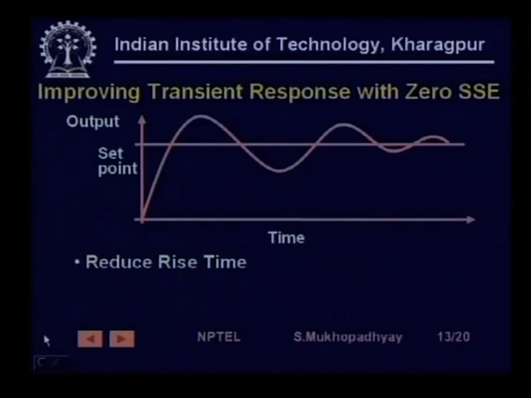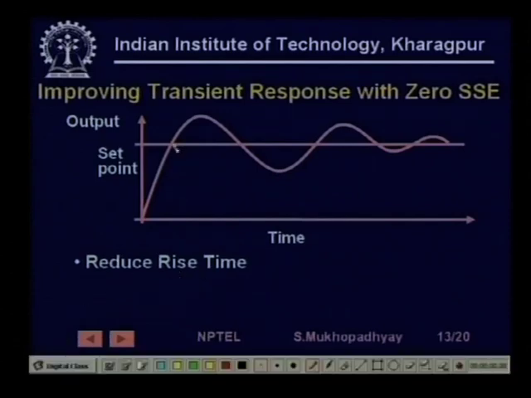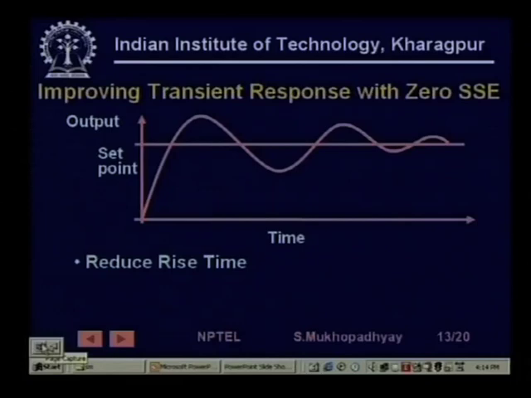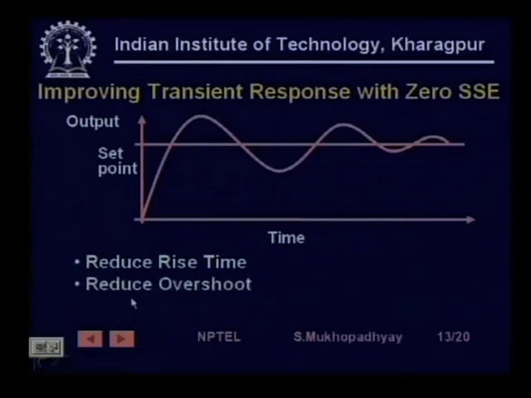We want to reduce rise time. What is rise time? We want to reduce this time. Typically speaking, we want to reduce overshoot, that is this height, and we want to also reduce settling time, that is the total time taken for it to come to a steady state. So we want to reduce all these.